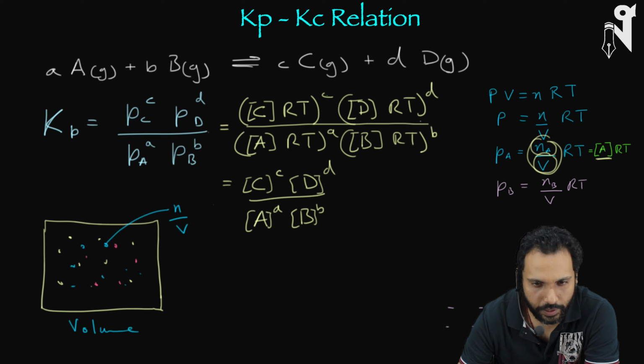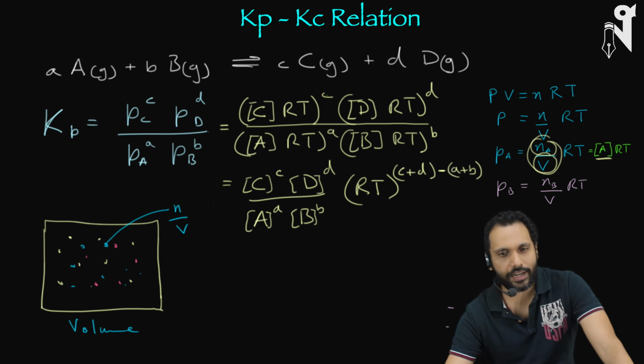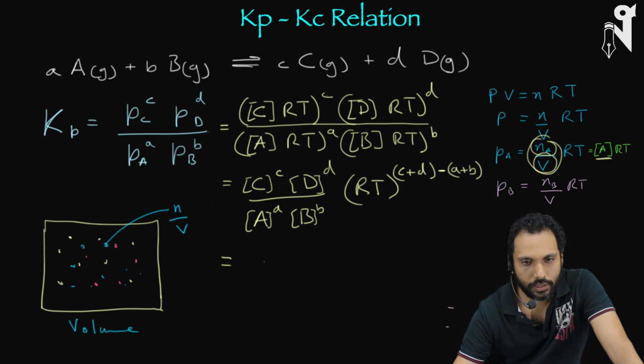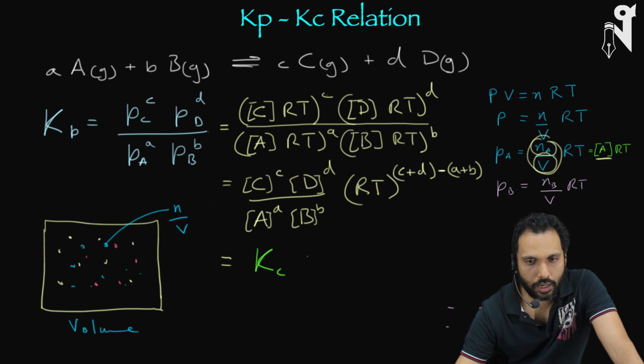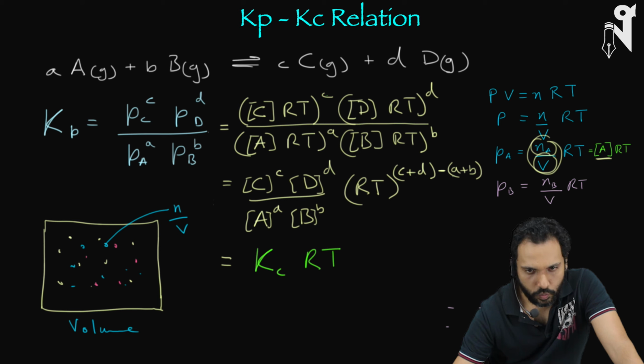So if I take all the RTs together, it is RT power c plus d in the numerator minus a plus b in the denominator. So this is what we get, and I hope you can see that this initial part is nothing but your Kc value. So it is Kc times RT to the power c plus d minus a plus b, which we can nicely write as delta Ng.